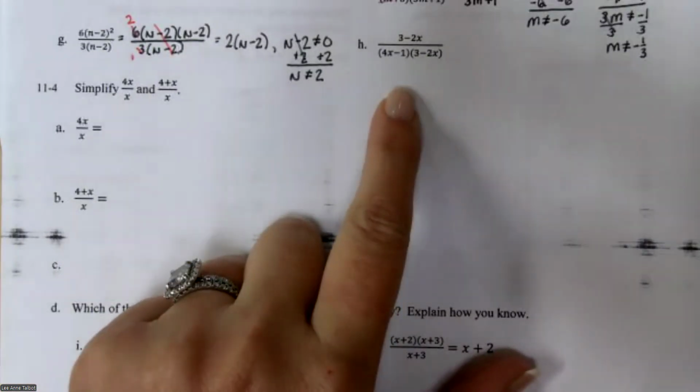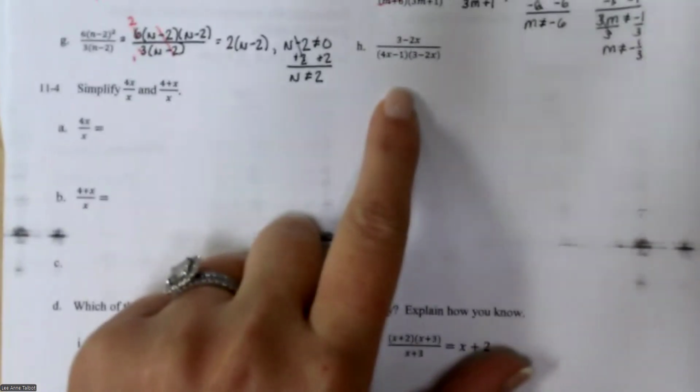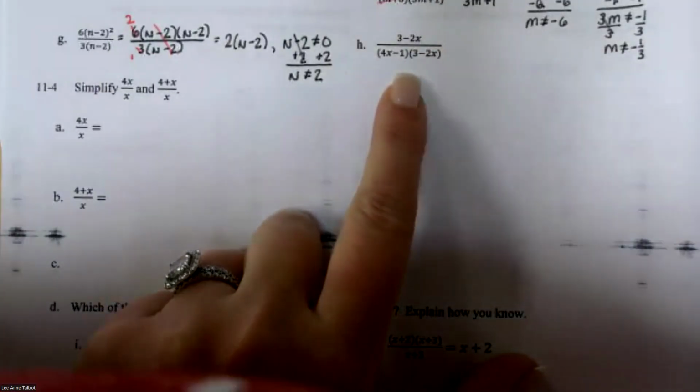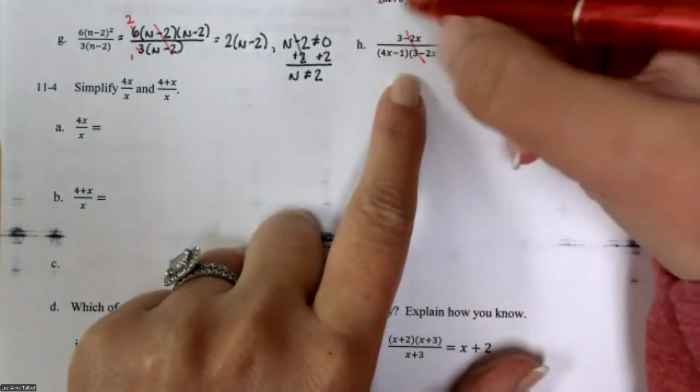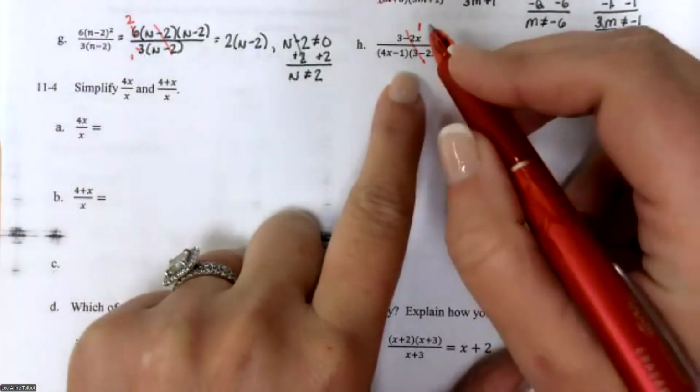Okay, so number 3, this one, H, is to remind you that when you cancel, it doesn't make 0. It doesn't just disappear. This is a giant 1.